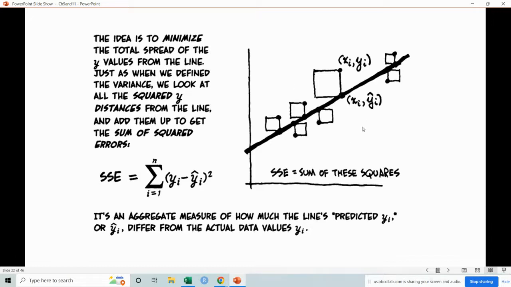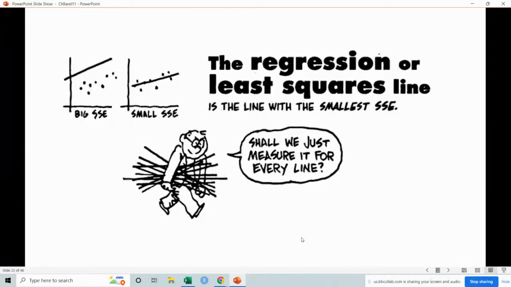That's why we call it the sum of the squared errors. It's an aggregate measure of how much the line's predicted y values differ from the actual values of y. The regression or least squares line is the line with the smallest sum of squared errors.